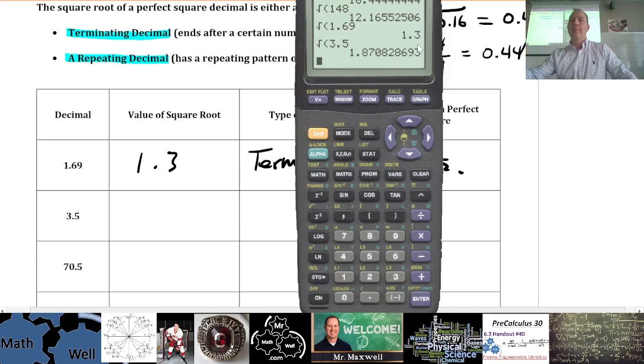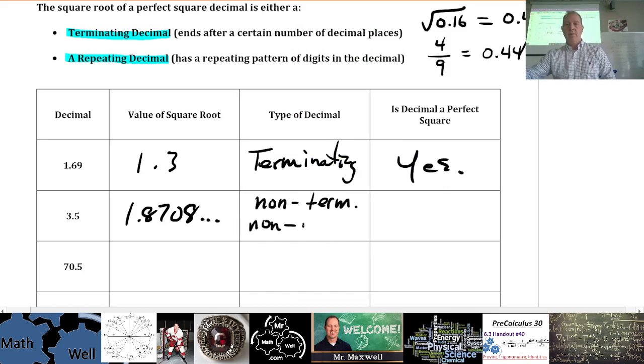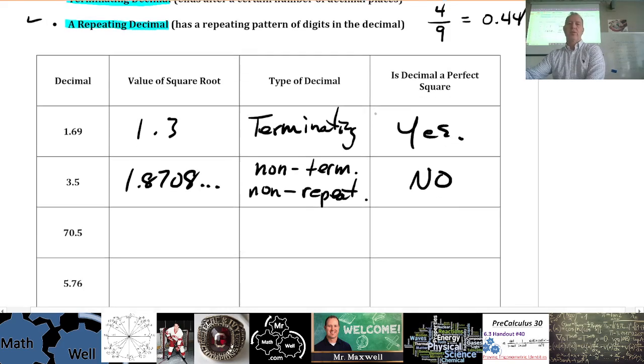So it's 1.8708, and it keeps going. It's non-terminating and non-repeating. Does it look like a perfect square? It doesn't. Remember, it has to be one of these two.